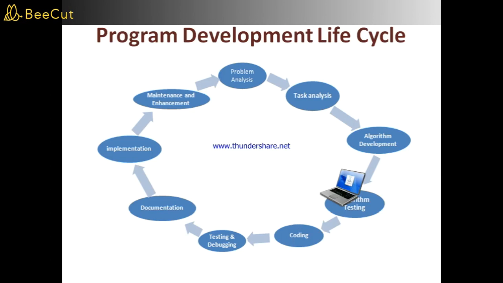Most commonly used is the high level programming language. C++, Java and this kind of language come under high level programming language. Fine. I hope you understood these five steps: problem analysis, task analysis, algorithm development, algorithm testing, and coding. Okay, the next step is testing and debugging.